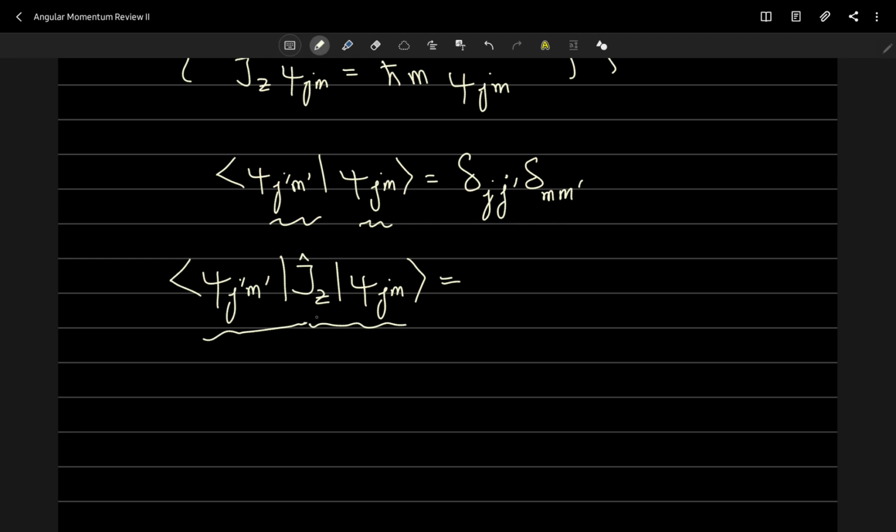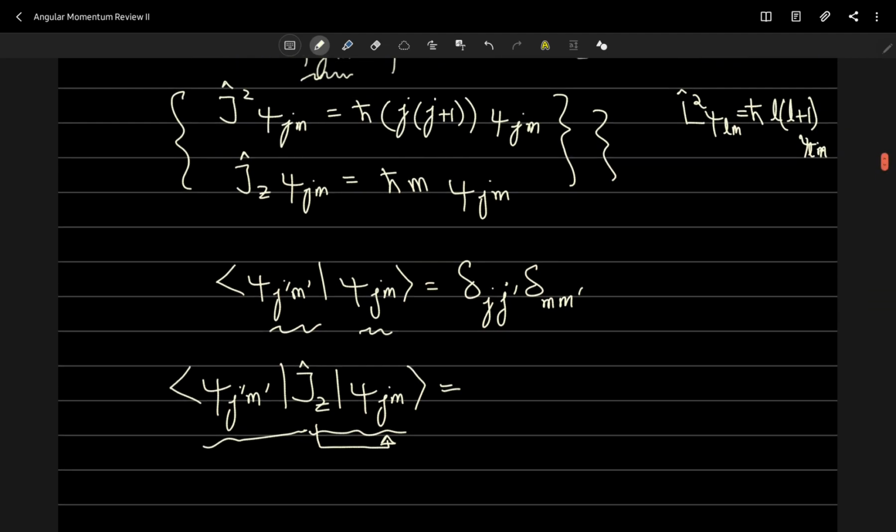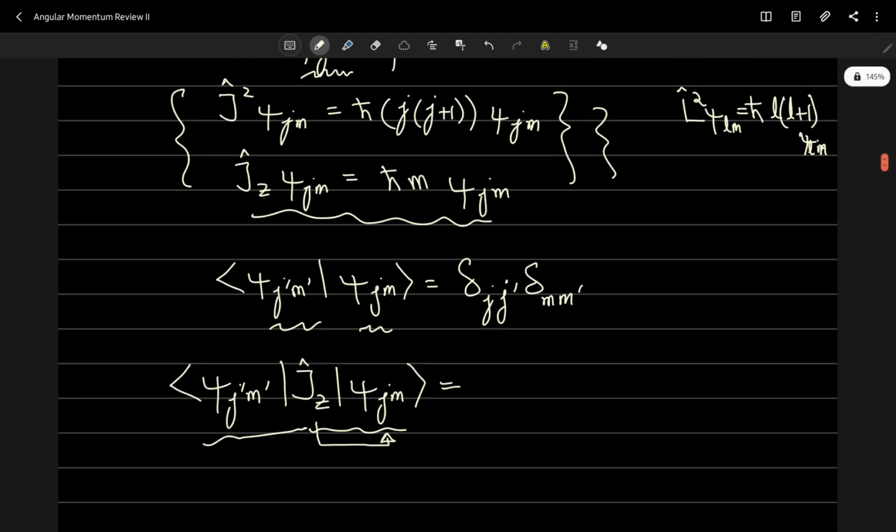Well, Jz would act on psi jm first, and from the earlier expression, we know that gives h bar m and gives back your psi jm.